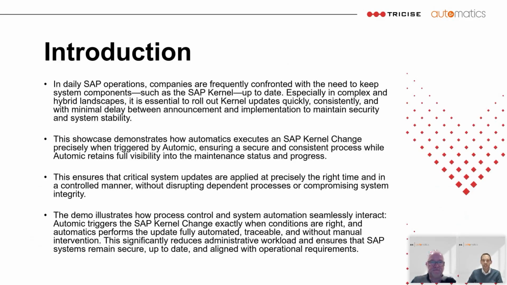So yeah, as you know, we meet on the customer side, most of the time, systems that are up to date. We do not have enough maintenance windows for all the activities we have to perform. So we have quite short maintenance windows, and we have to put as much into them as possible.